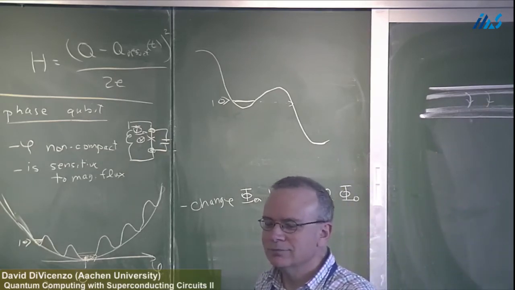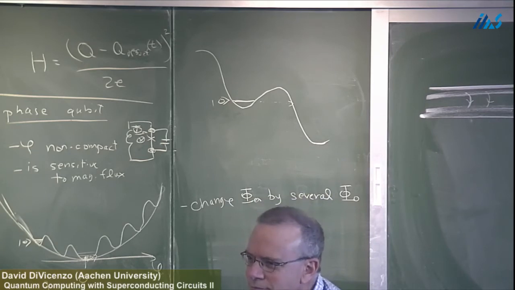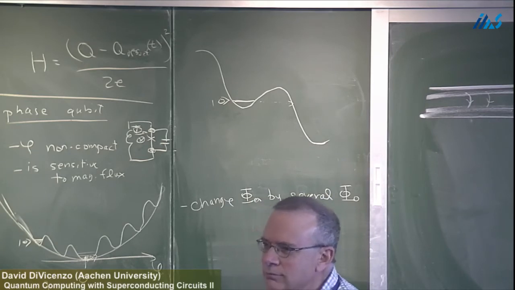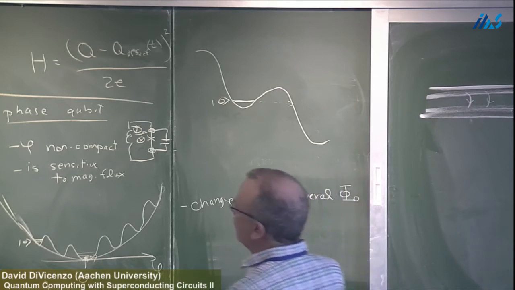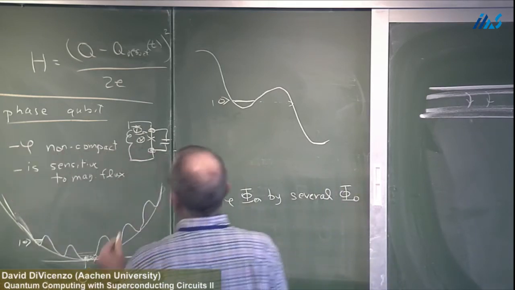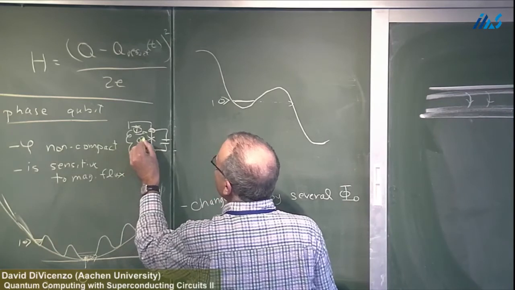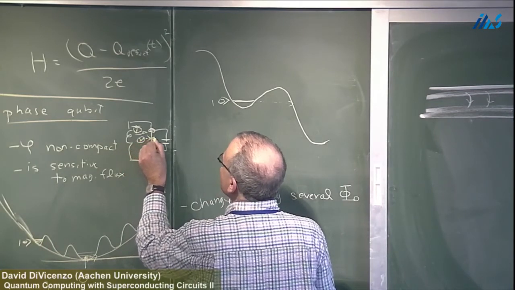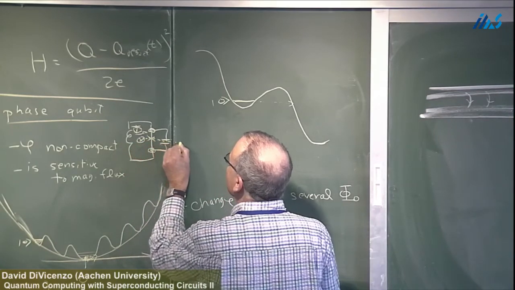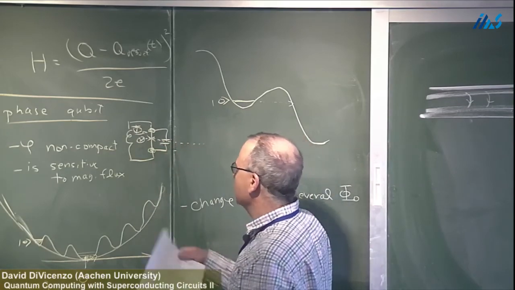Yeah? To add the opposite phase only to the cosine term, but not to the parabolic term. Right. It's because of my gauge story. Remember, I can make a gauge where the magnetic flux is here.